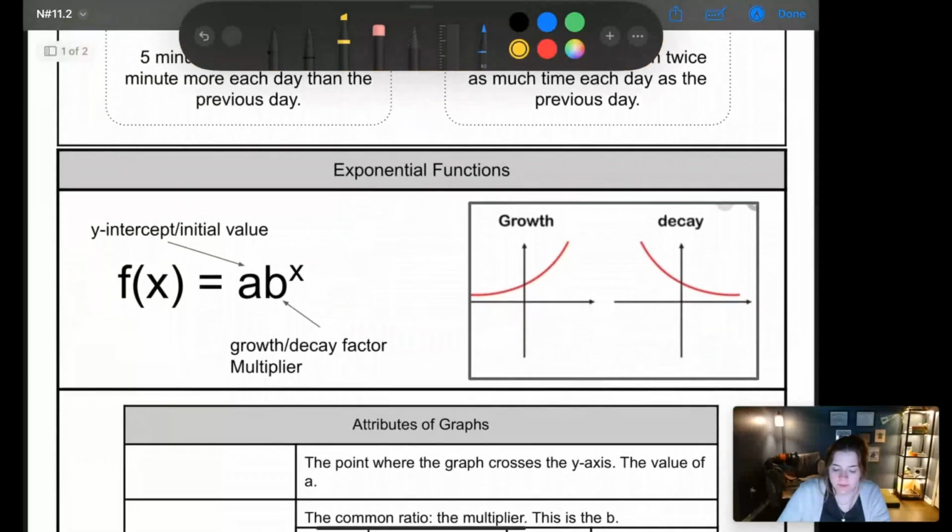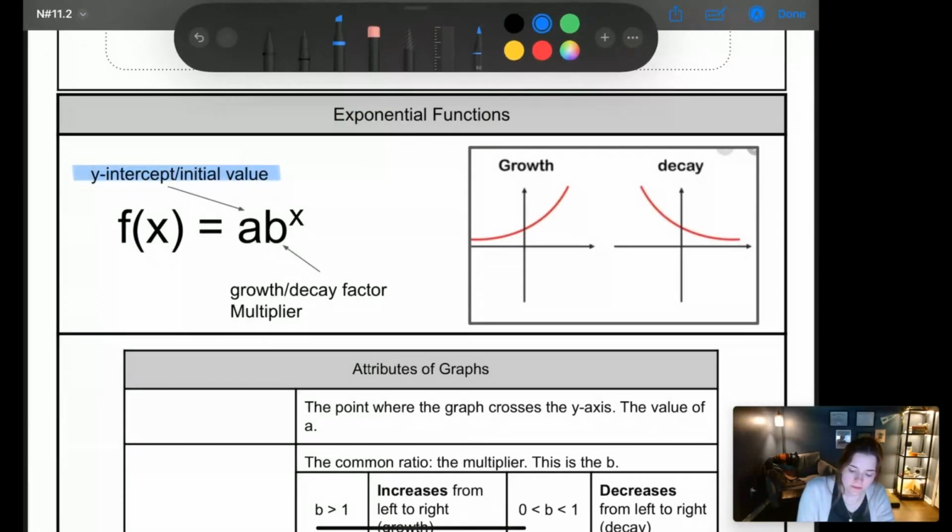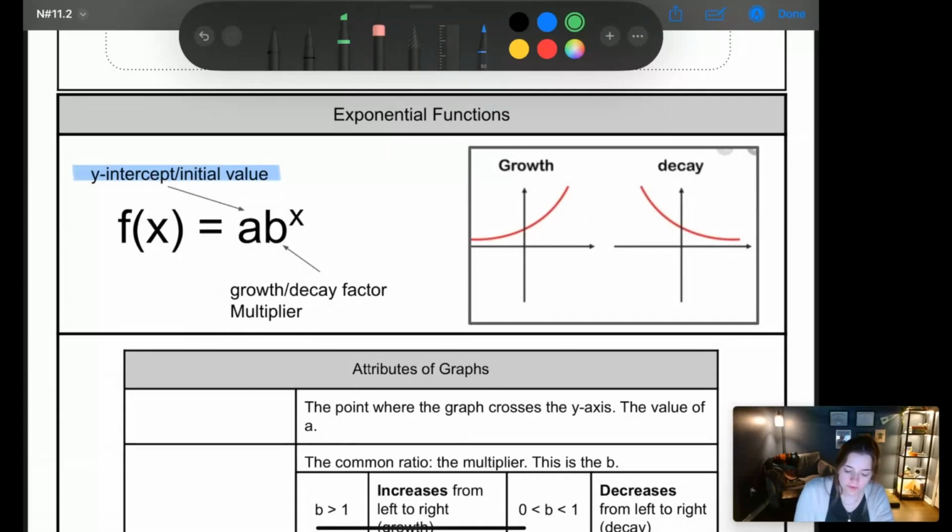But we're going to talk about exponential functions today. Exponential functions show growth or decay. Now, exponential functions are shown by f of x equals a times b to the power of x, where a is the y-intercept, the initial value, and b is your growth or decay factor, your multiplier, okay?